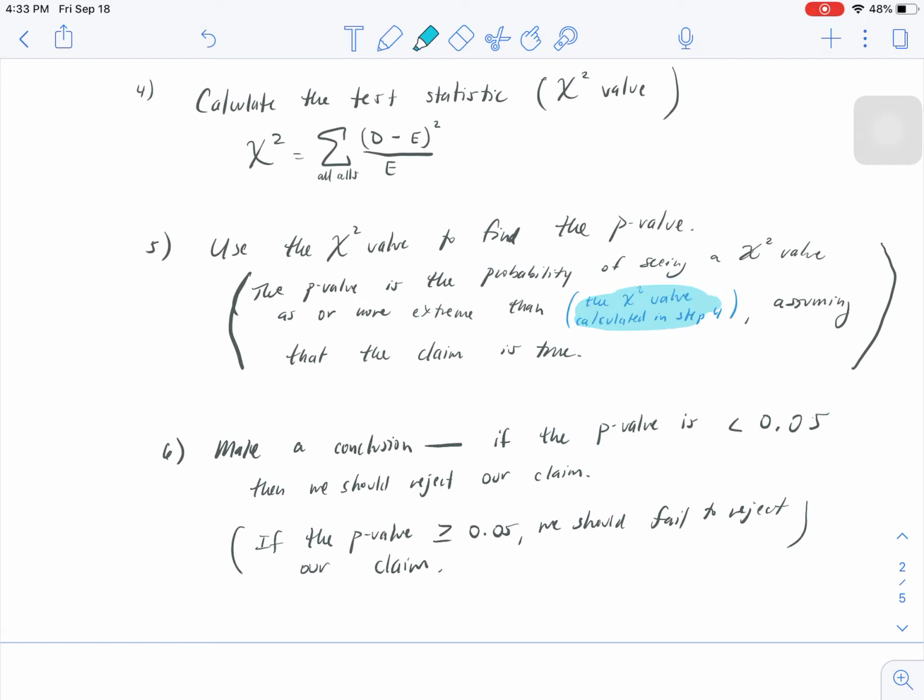So when that probability is really small, when it's really unlikely, that's why we reject our claim. Because the chances are so minuscule that this would happen if the claim were true, we have no choice but to conclude that actually our claim is false. It's not true after all. So that's why we reject our claim when the p-value is less than 0.05.